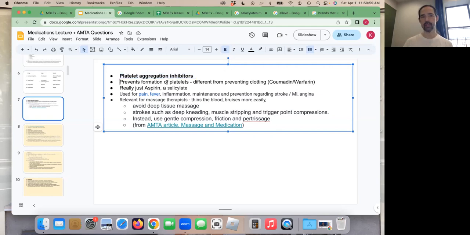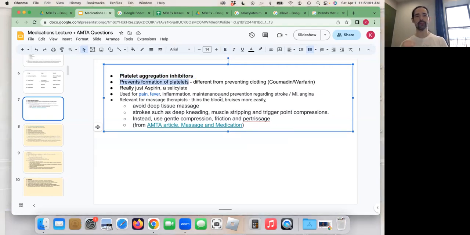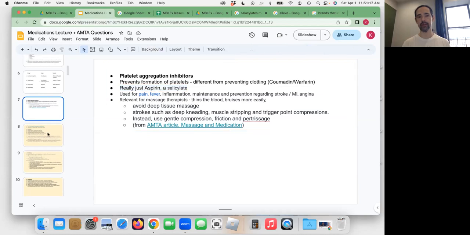So the main mechanism is that it prevents the formation of platelets or the clumping of platelets, which is different from preventing clotting. Okay, Coumadin and warfarin prevent clotting.